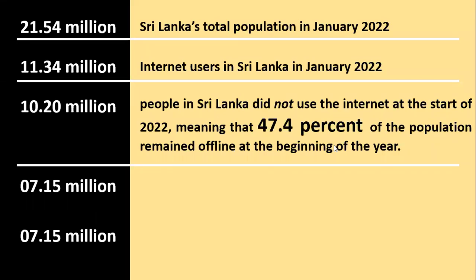That means that 47.4% of the population remained offline at the beginning of the year. So even if you are talking about electronic business, digital business in Sri Lanka, 47.4% is offline, right?